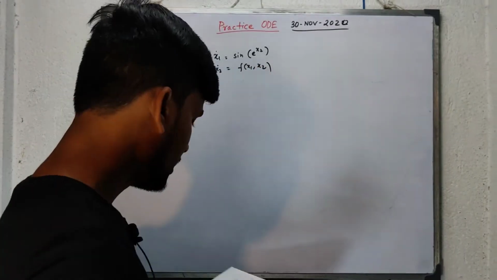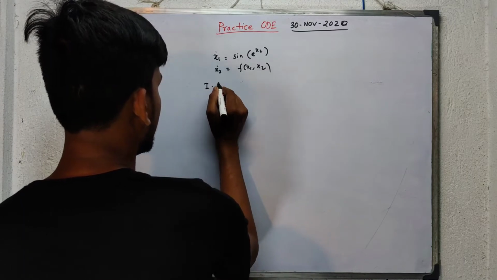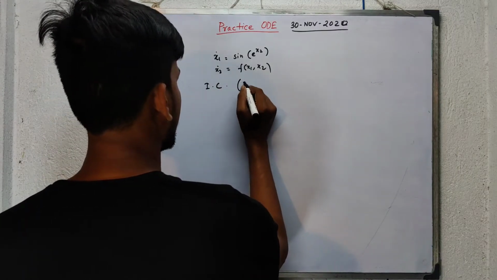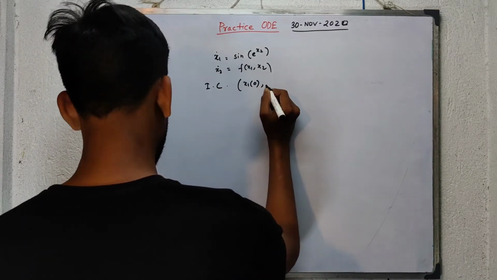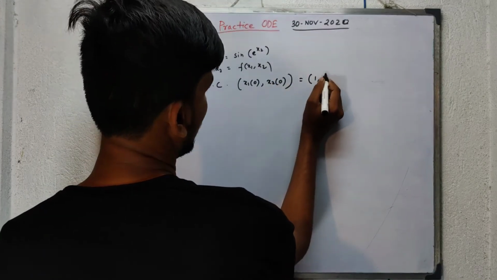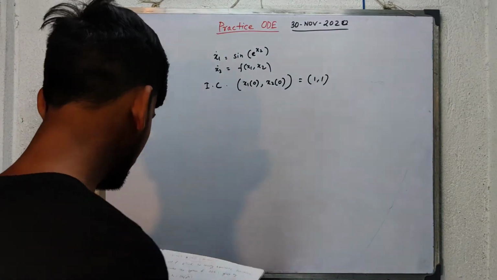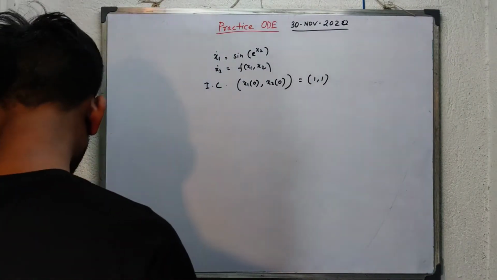Given the initial conditions x1(0), x2(0) equal to 1, 1. Then which of the following statements are true? There are 4 options in the question.